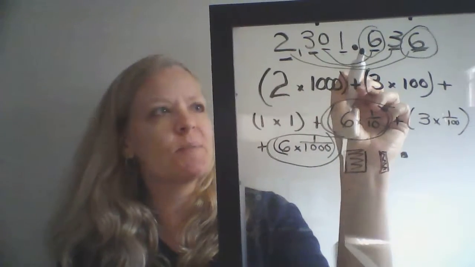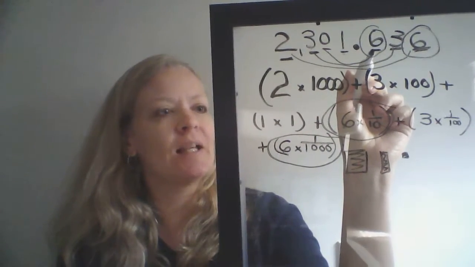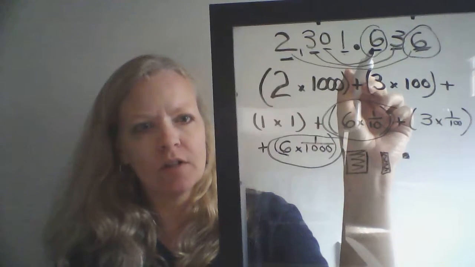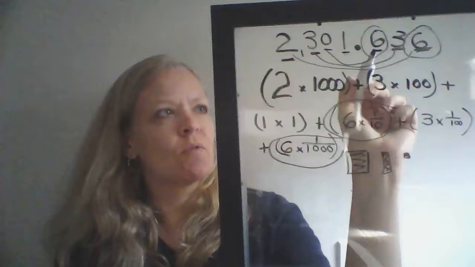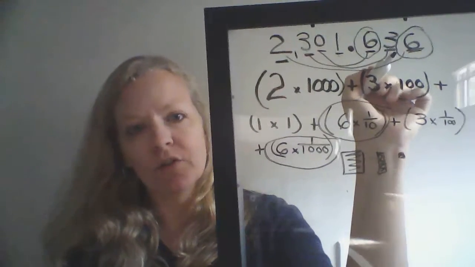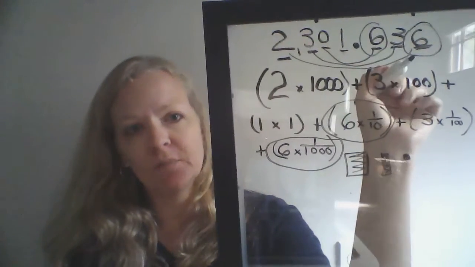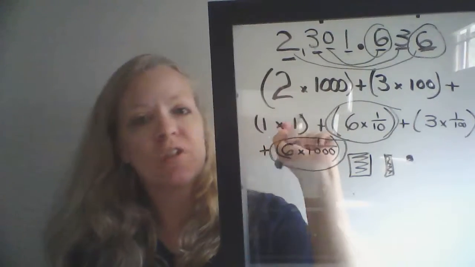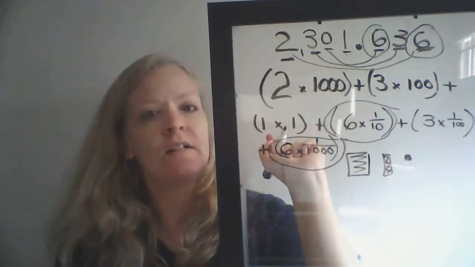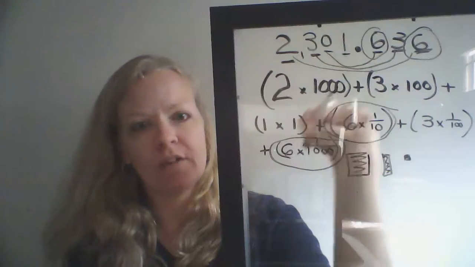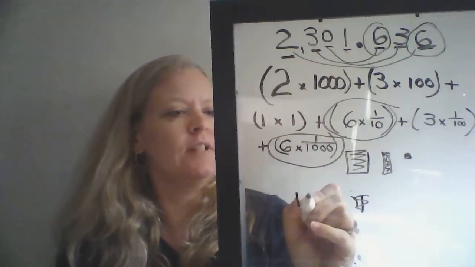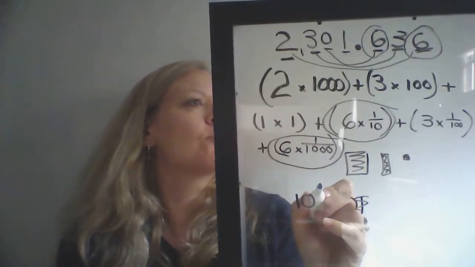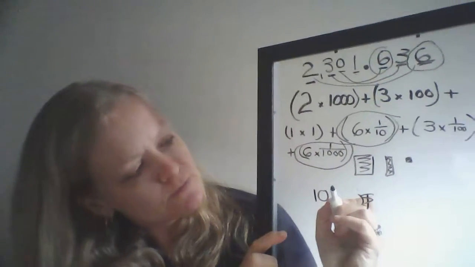The question is, the 6 in the 10th place is how many times larger than the other one? So let's see. It's larger by a factor of what? It's 2 decimal places over. Each decimal place is a factor of 10. That is 10 squared, right?